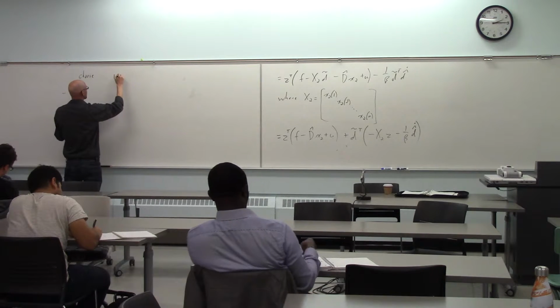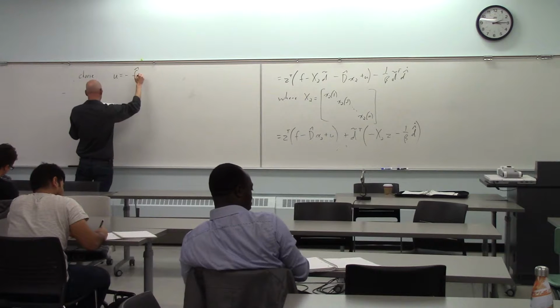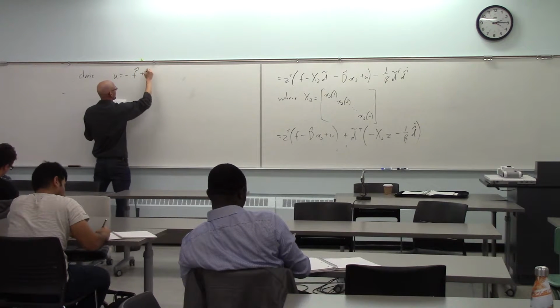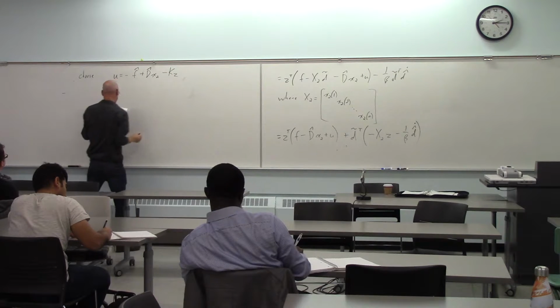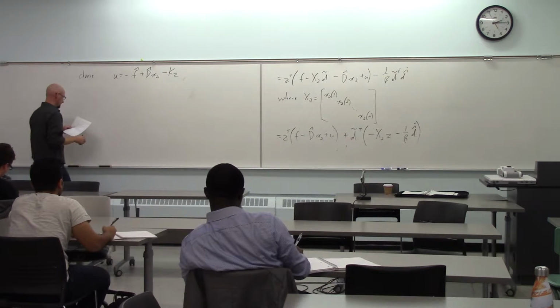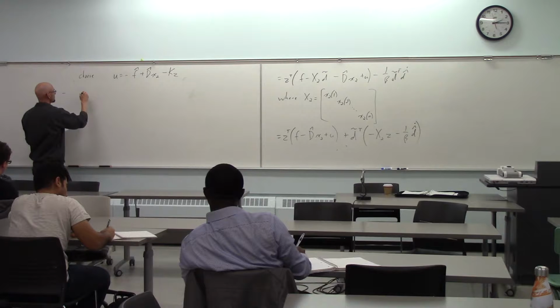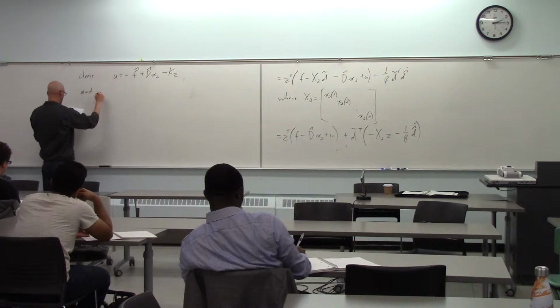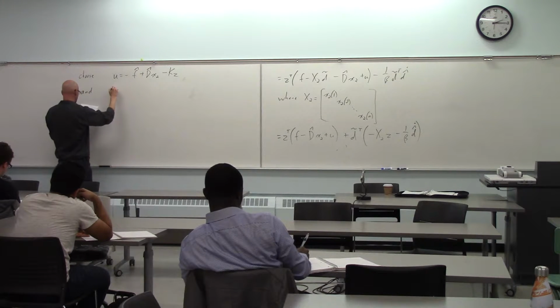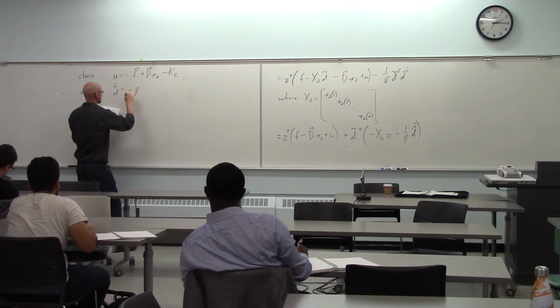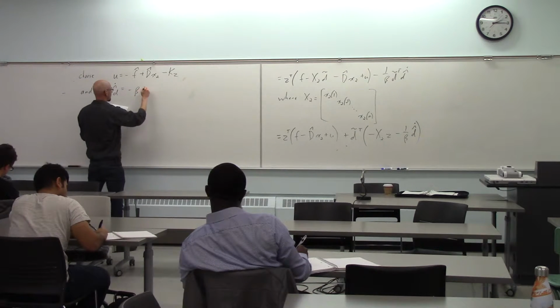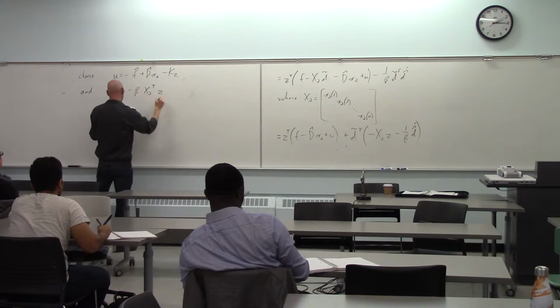So I'm going to choose u equal to minus f hat plus d hat x2 minus kz, where k is a positive constant. And my parameter update, d hat dot, equals negative beta x2 transpose z.